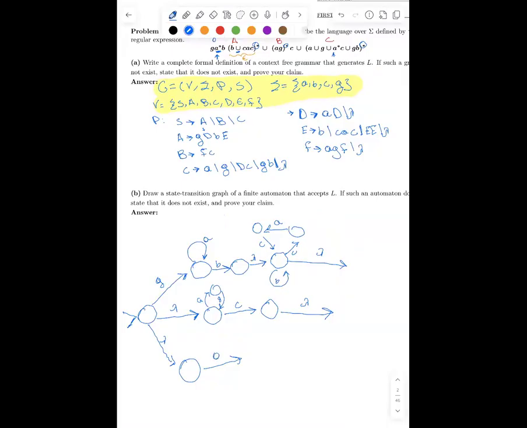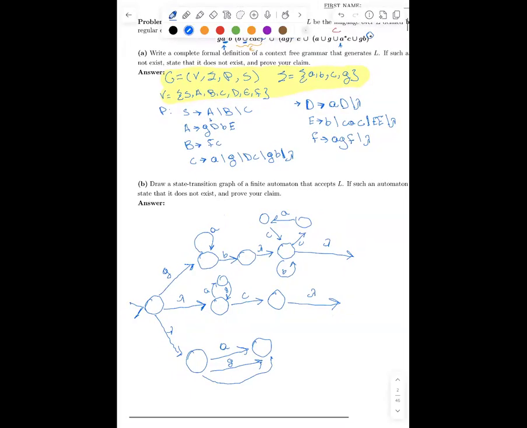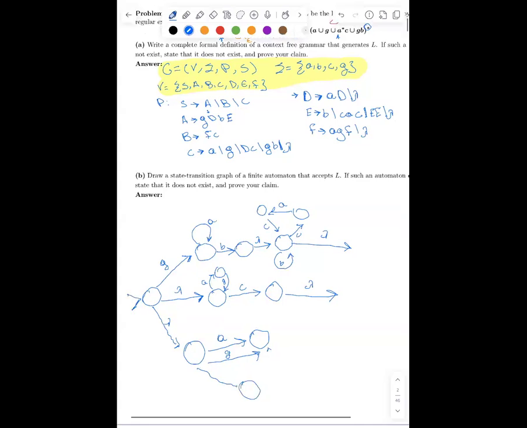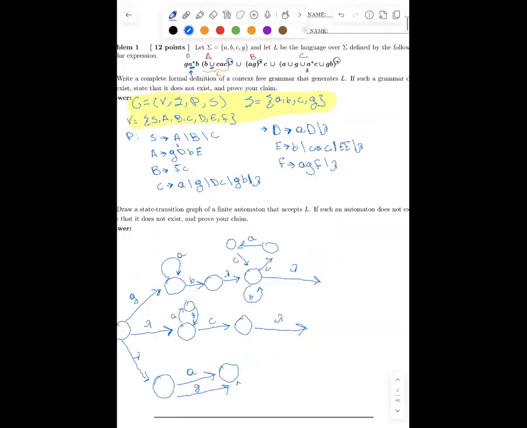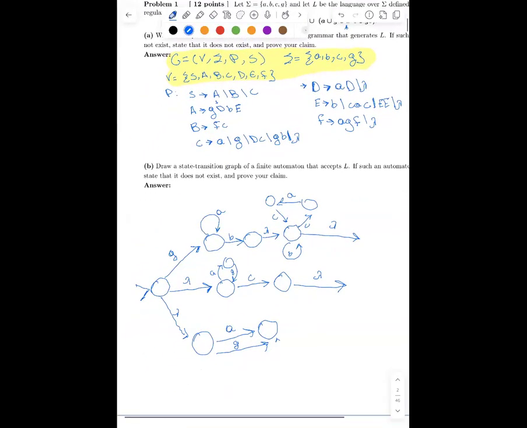I can have A, or I can have G, or I can have A star. But for this, I will use a new state. Sorry, so we have A or G, and then or A star.